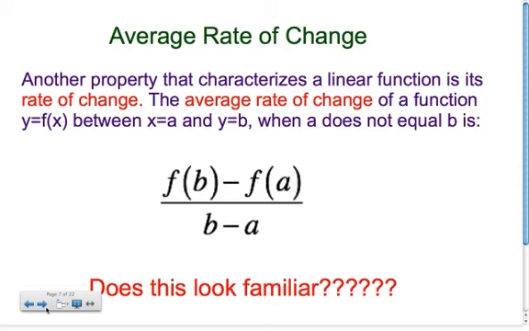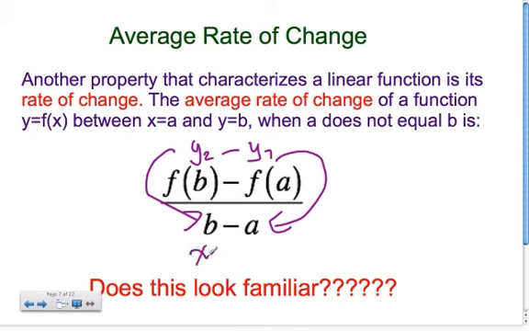Hopefully you recognize this formula: f of b is just my y value associated with the x value b, and f of a is the y value associated with my x value a. So essentially I have y2 minus y1 all over x2 minus x1, which is my slope formula.